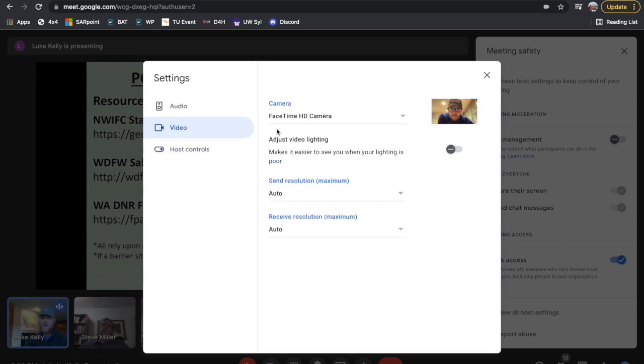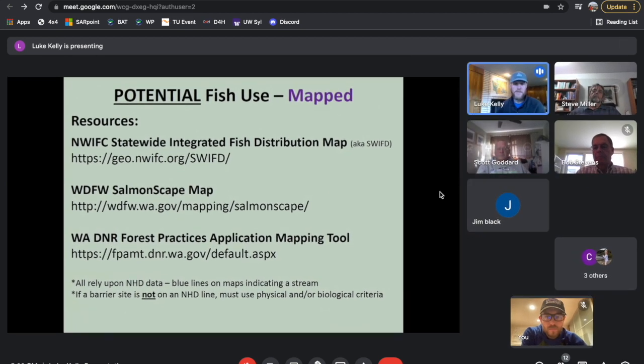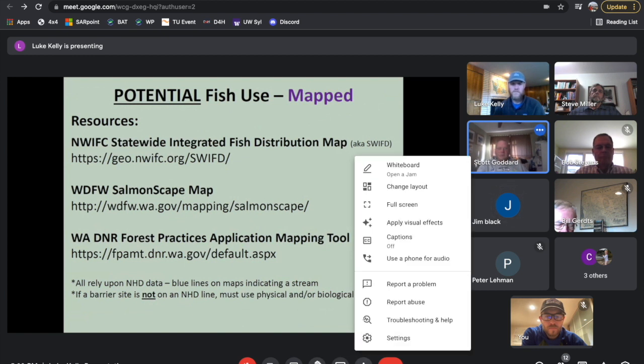But no matter what, if you don't see any, it's not mapped, but you have local knowledge, I would absolutely note that, and I would probably put a yes. You could put unknown, but then your note might get missed. Information from somebody very local on the ground is extremely valuable. So mark it as yes for fish potential, and then put a comment that per landowner so-and-so. Okay.